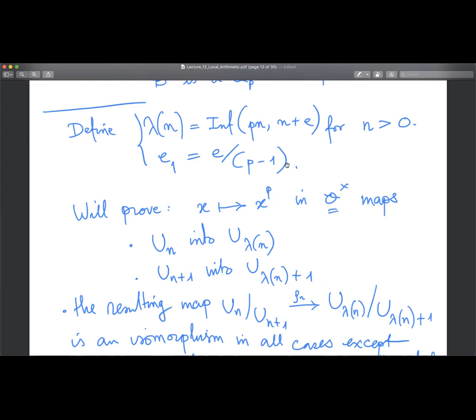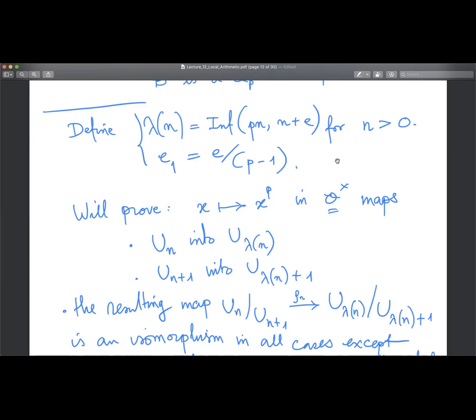We have seen that if the p-adic field K has characteristic p, then it's actually the field of formal power series with coefficients in the residue field. And in that case, we have determined the structure of the group K star modulo K star to the power p with its filtration. That's what we did a couple of lectures before the present one.